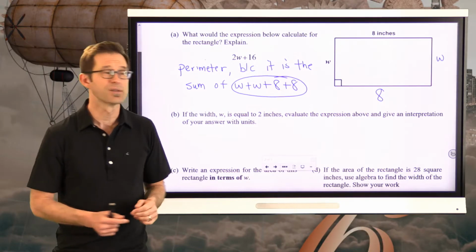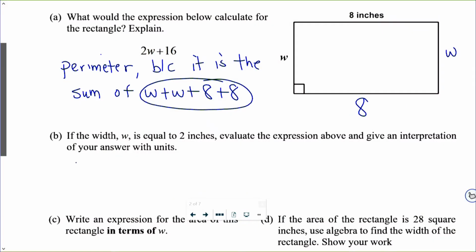Well, it's simple enough to actually evaluate it. We're just going to take 2 and substitute it in for w. We have to do the multiplication first. 2 times 2 is 4, plus 16 would give us 20. Now, that's the answer to what the expression is equal to, but what's the interpretation?